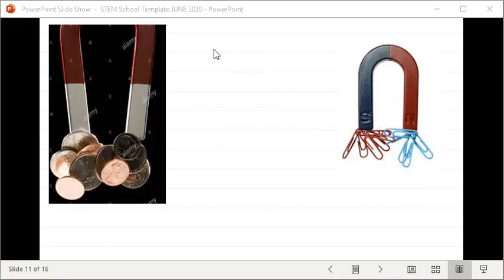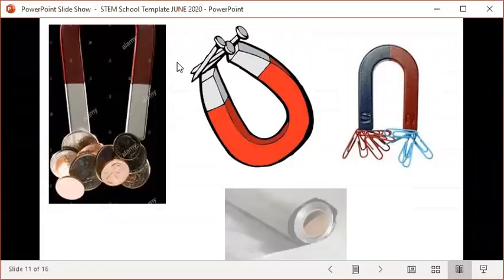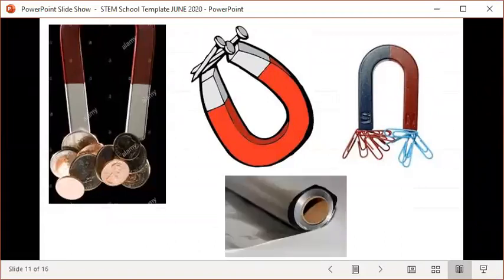So here we have coins, then we have paper clips. And these are the nails that we're talking about. All right, not the fingernails. And that's the aluminum foil, which we said it does not attract a magnet, even though it is a metal.